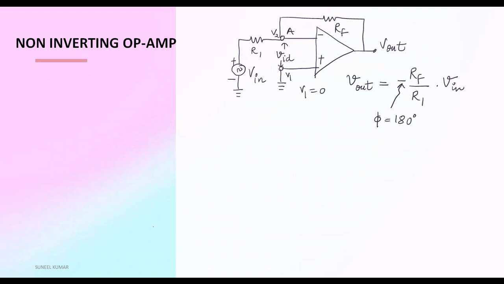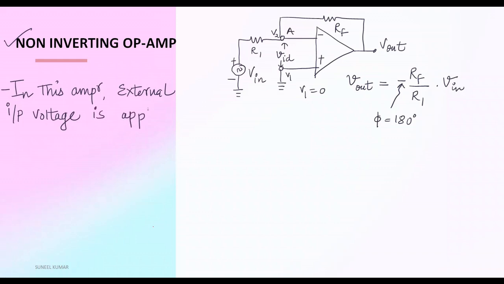So here now we are discussing non-inverting op amp. In this amplifier, the external input voltage is applied at the non-inverting terminal.